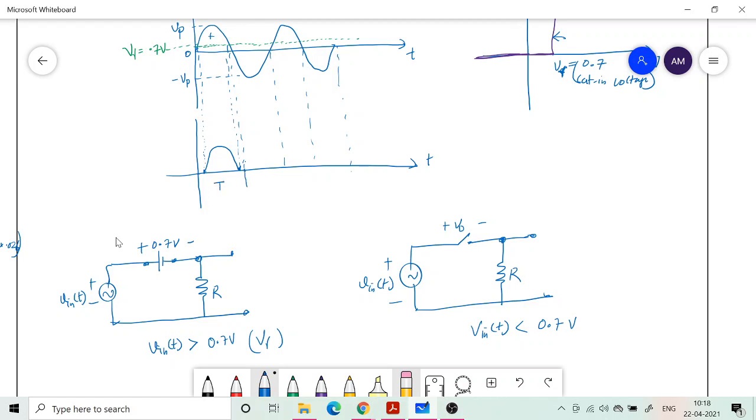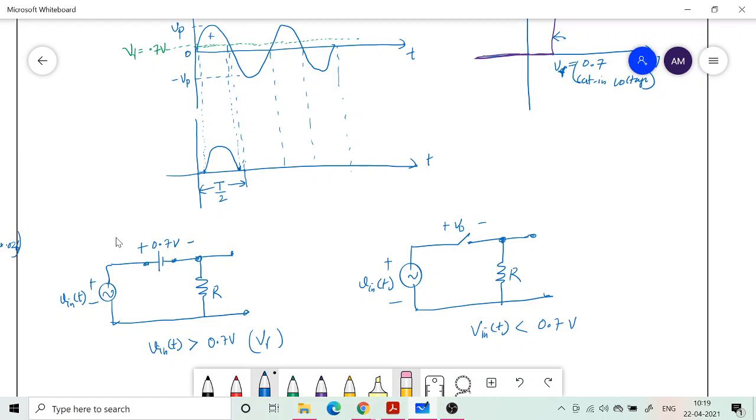So this is our T by 2. The entire T by 2, it is not conducting, it is a little less than that T by 2, because only after a short time is it going to cross above this green dotted line, and similarly it doesn't go down to 0, but whenever it gets lesser than 0.7, immediately the equivalent circuit becomes this one.